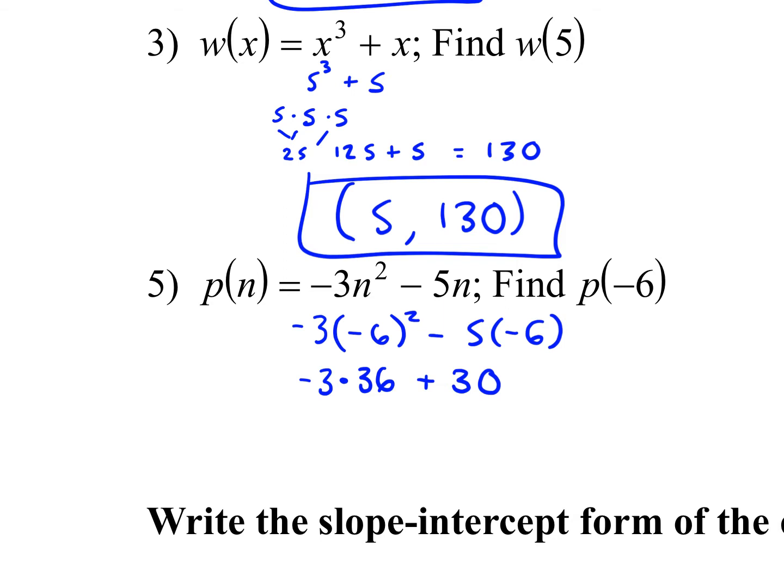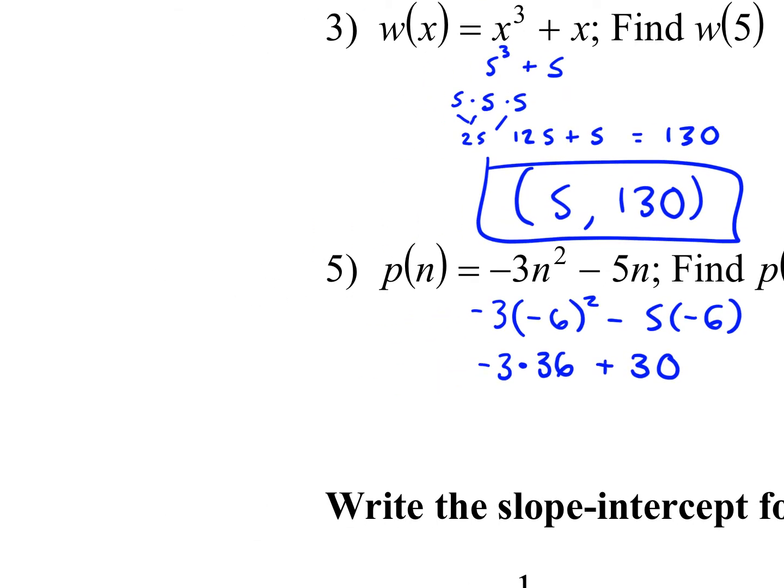What should I do next? So what's negative 3 times 36? Let's work it out. 36 times 3? You guys are geniuses. 3 times 6 is 18. This would be 108. So negative 108 plus 30 would be what?